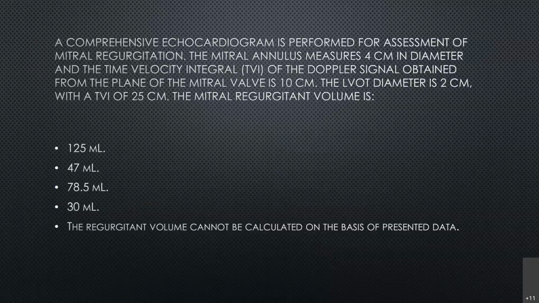So 2 centimeters would be the radius. And then 10 would be the VTI. And then I subtract the stroke volume through the LVOT from the stroke volume through the mitral valve. So I think I got 125 minus 50, so around probably 78 would be the answer. Let me see. 78, or I'll double check again.